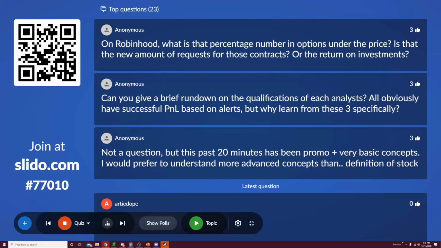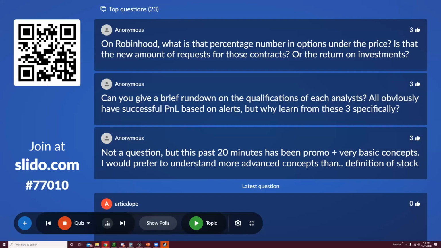On Robinhood, what is that percentage number in options under the price? Is that the number of requests for those contracts or the return on investment? I would have to open up Robinhood. I don't even know what you mean. I think it's just the percent return, right?